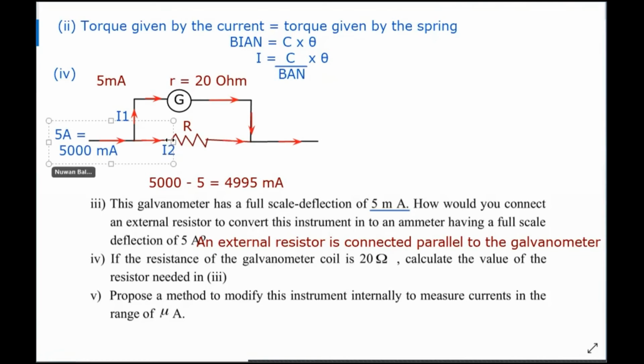Now you should draw this figure. We need this figure to solve this problem. The current I1 is 5 milliampere. Current I2 is 4995 milliampere.